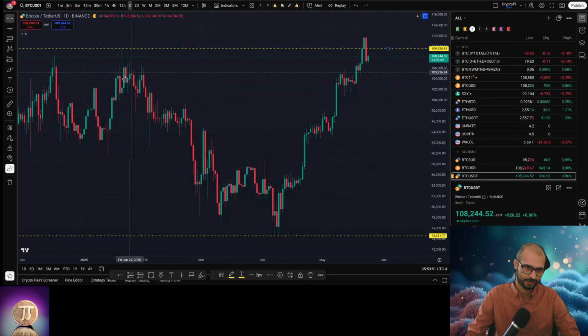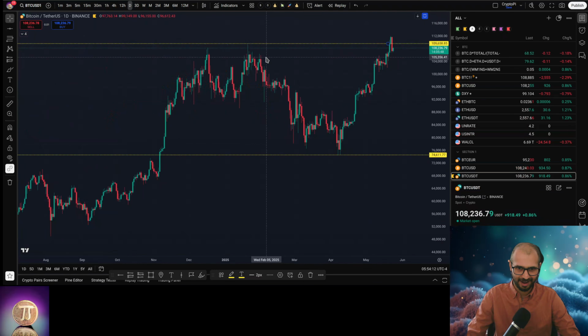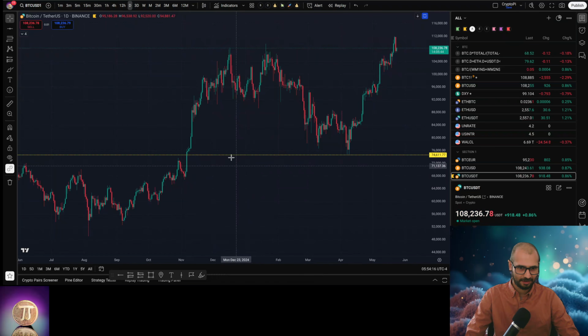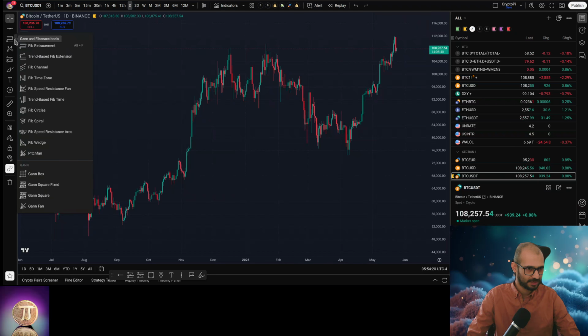Well, one might argue that the all-time high was somewhere here if you consider the close, and then it was broken here. But usually for the hype purposes, it's usually said that the price was at the high, which was the all-time high.